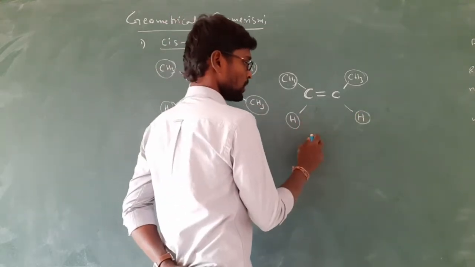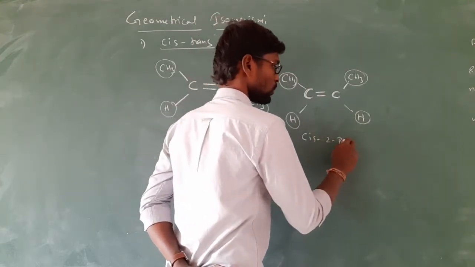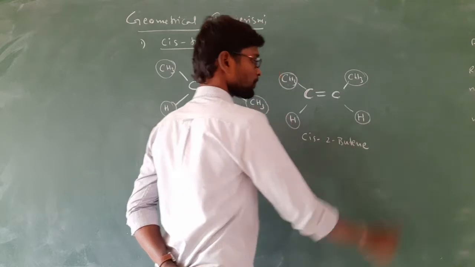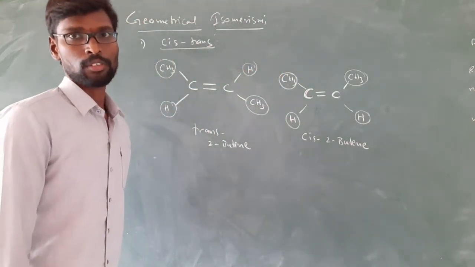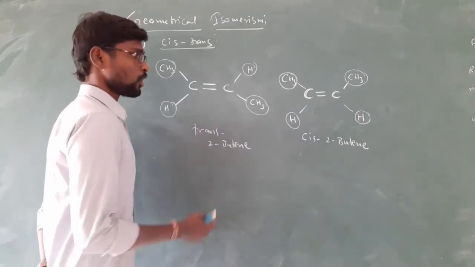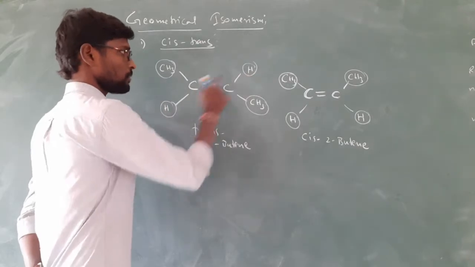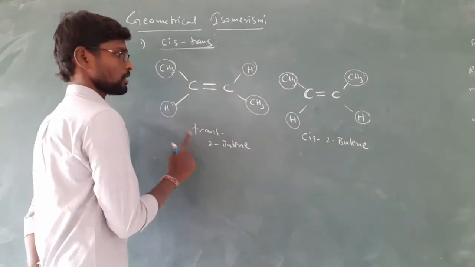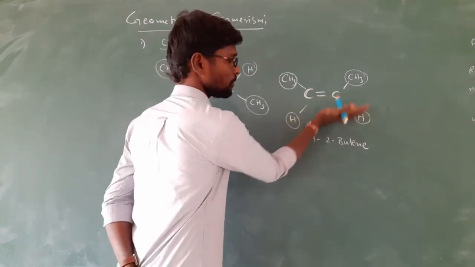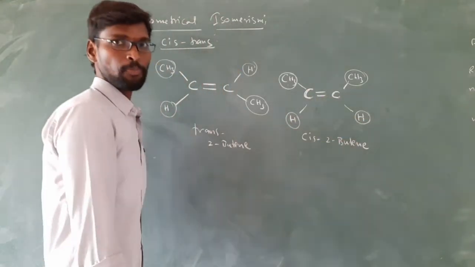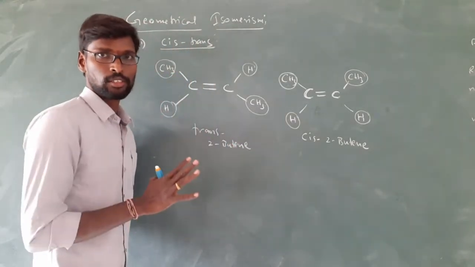This type of arrangement is called cis, and the name of this molecule is cis-2-butene. In general, the same atoms present on opposite sides is called trans, and the same atoms present on the same side is called cis isomer. So these are the two isomers of 2-butene, cis and trans.